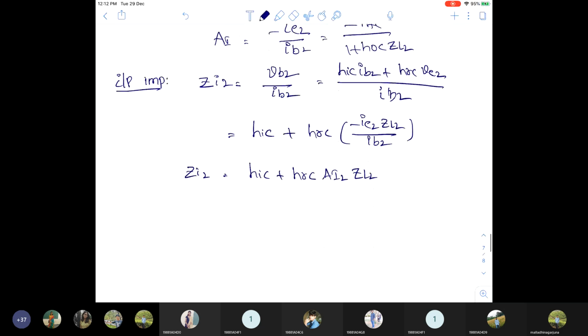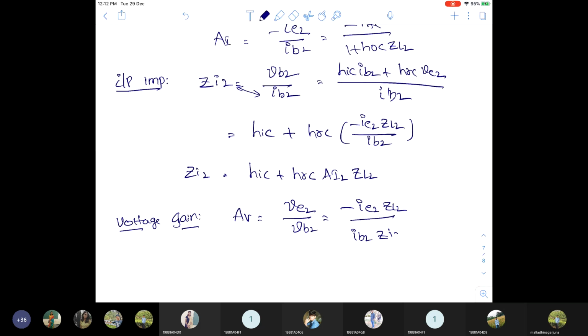Next, voltage gain. AV equal to VE2 by VB2. VE2 is nothing but minus IE2 into ZL2, and VB2 is IB2 into ZI2 after cross multiplying.